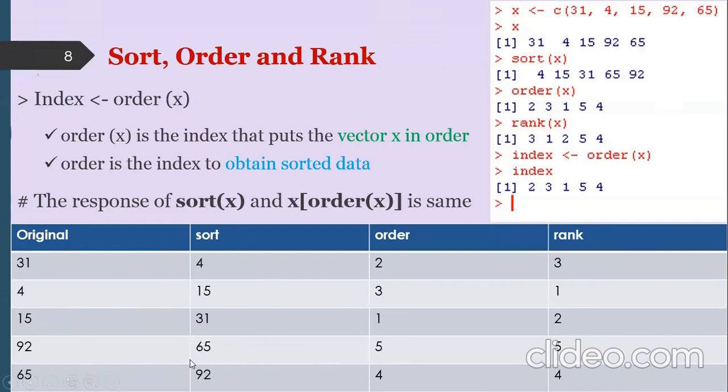So this is all about how it is sorted. So order is the index of the sorted data, and rank is the index of the original in the sorted data. Am I clear?